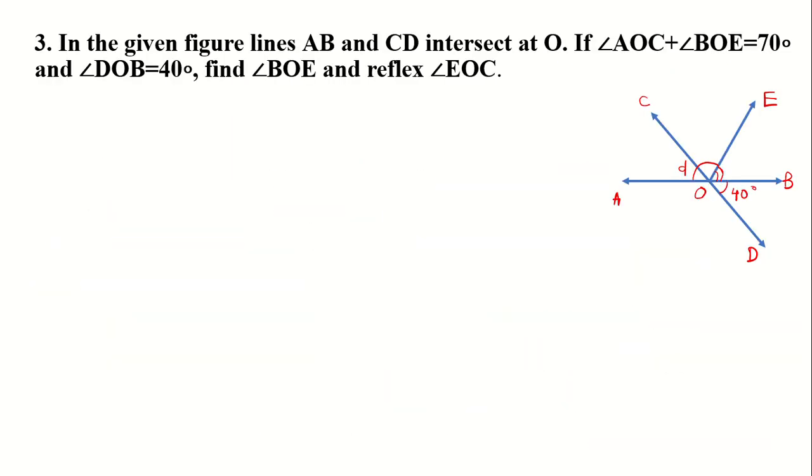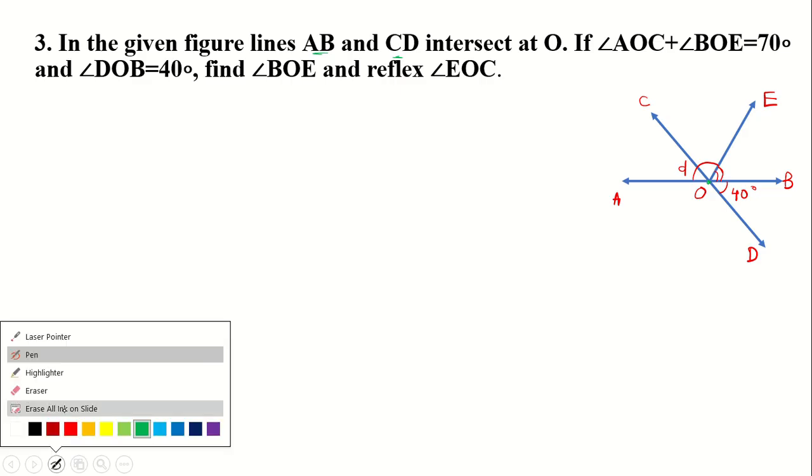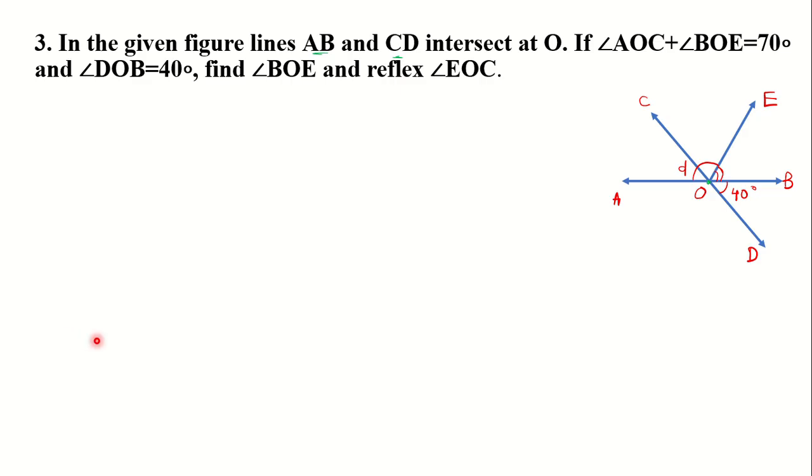Let's see one more question. This is the third question in your exercise. The question says that in the given figure, lines AB and CD intersect at point O. From the figure, this is point O, and AB is a line, and we have one more line, CD.